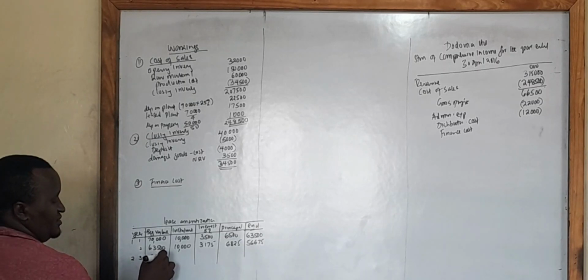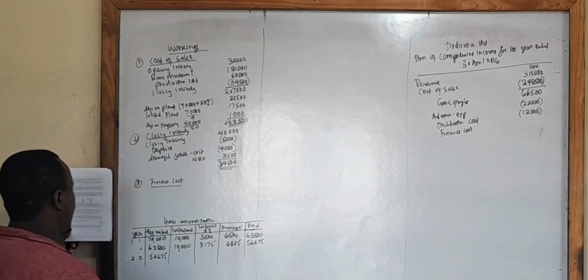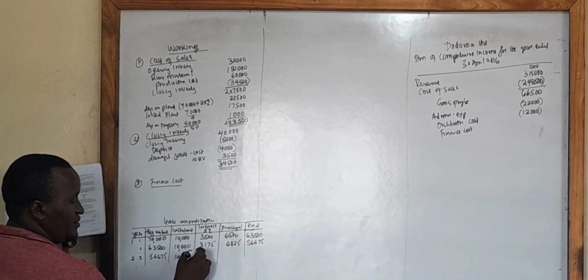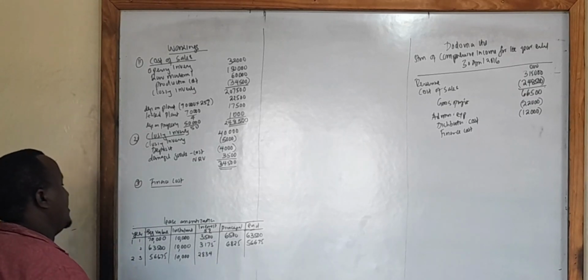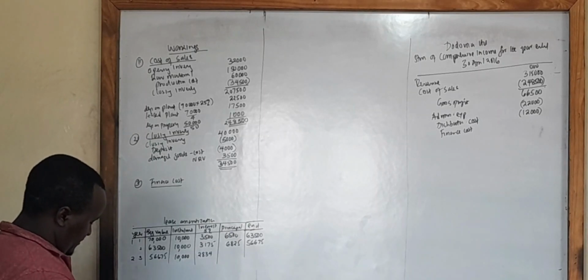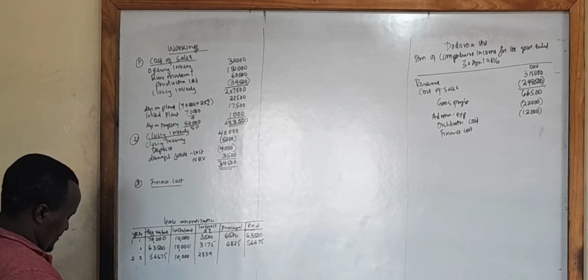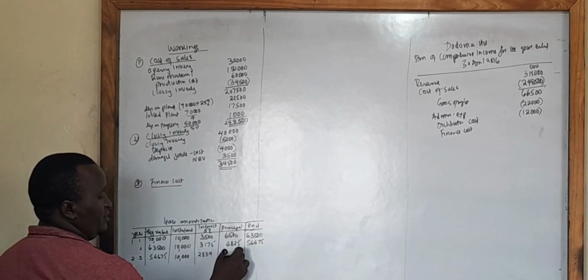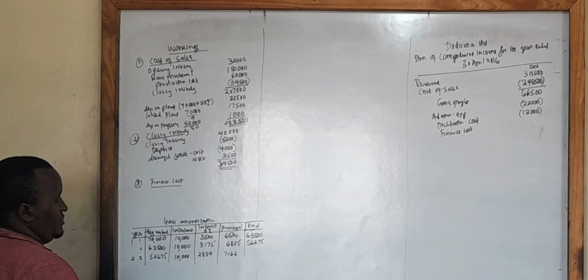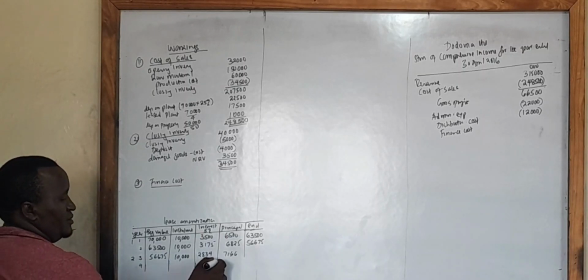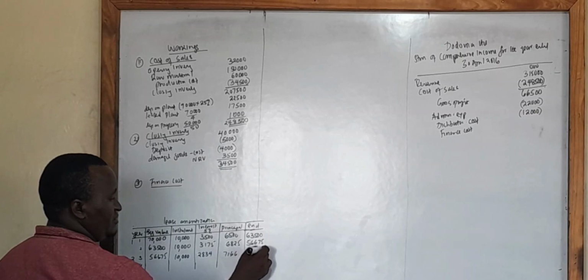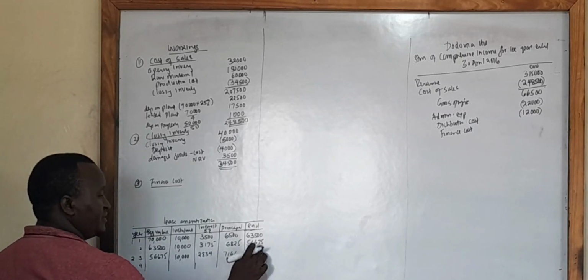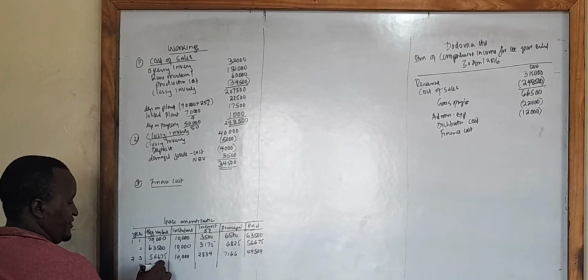So 56,675 at 5%. Yes? 2,834. When you subtract from 10,000, 7,166, and you subtract from this, we get 49,509. So 49,509.